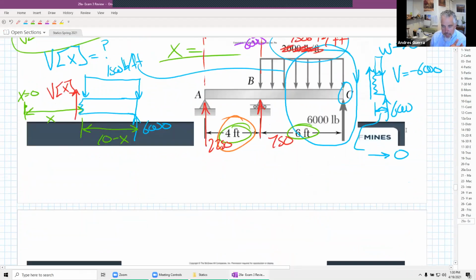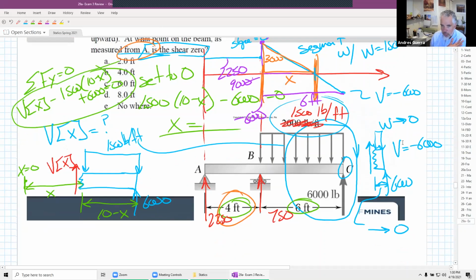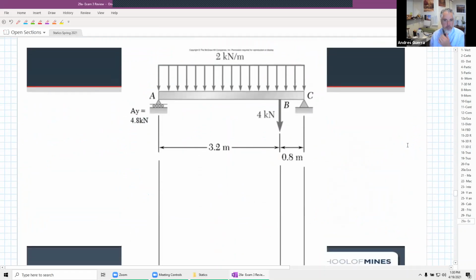I think making a cut and doing the equation is kind of a fail-safe method rather than trying to manipulate some sort of similar triangle there. We can always do the cut approach.